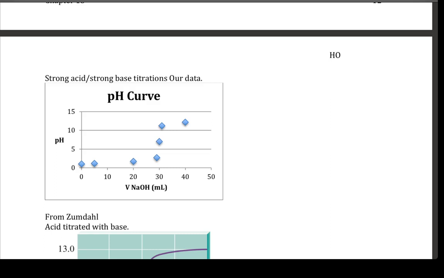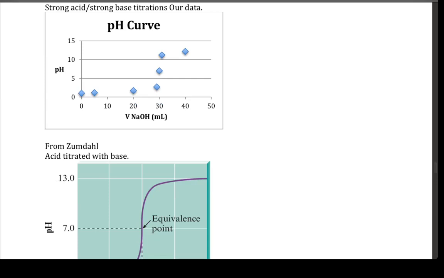When we get very close to the equivalence point, which is 30 mLs, it starts to go up, then right at 30 it jumps up to 7, and then just a little bit beyond that it jumps up quite a bit more, and then it levels off again. That's a typical pH curve.